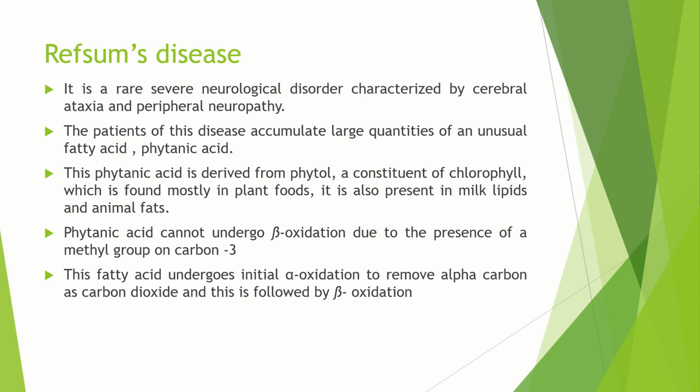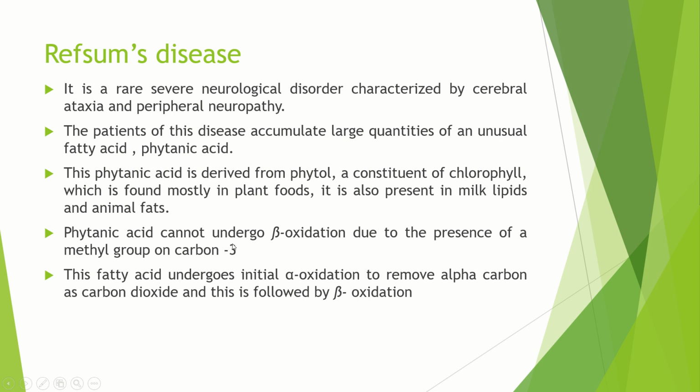And the patients of this disease accumulate large quantities of an unusual fatty acid, that is nothing but phytanic acid. This phytanic acid is derived from phytol. Phytol is a constituent of chlorophyll, which is found mostly in plant foods, and it is also present in the milk lipids and animal fats.